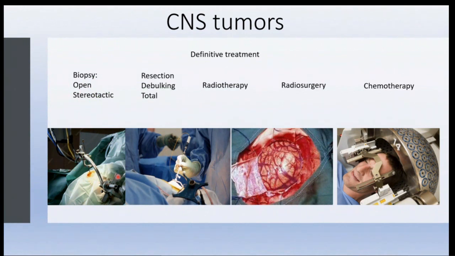The patient will have a CT scan while this frame is fixed to his head, or an MRI scan, depending on whether you have an MRI-compatible frame. Then we do our measurements, and this arch has multiple measurements on it, and we will decide exactly where to open, and then we take the biopsy.